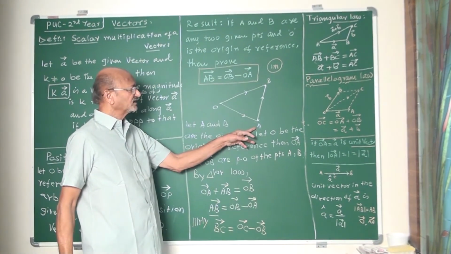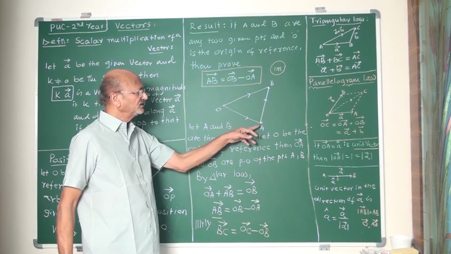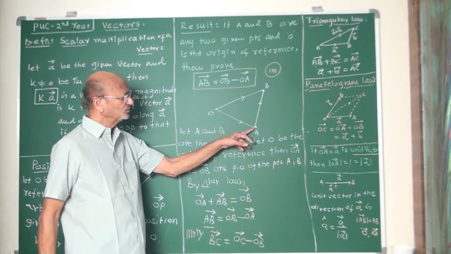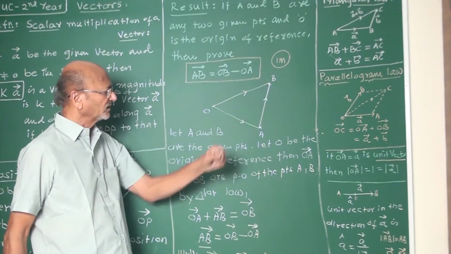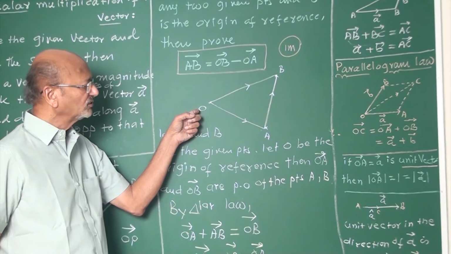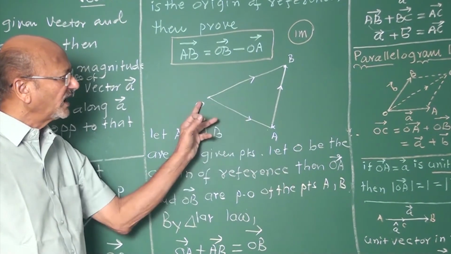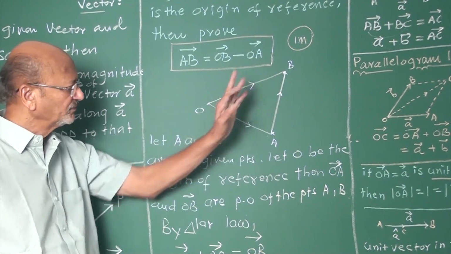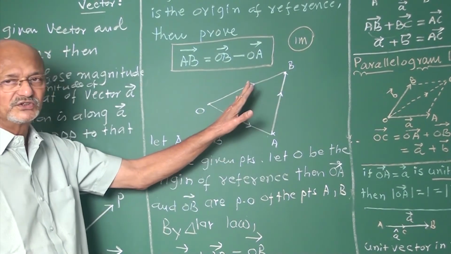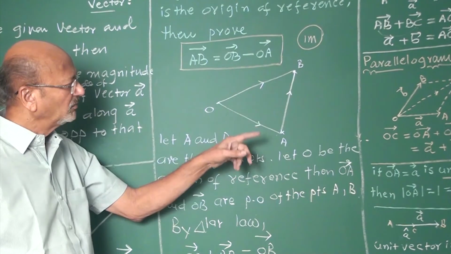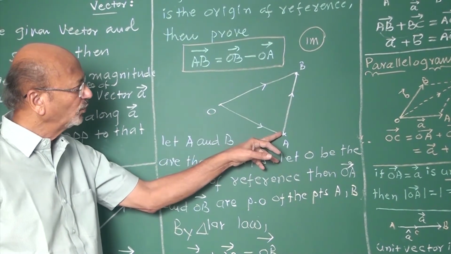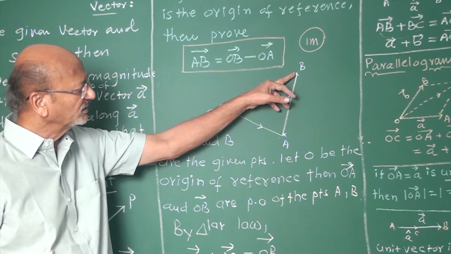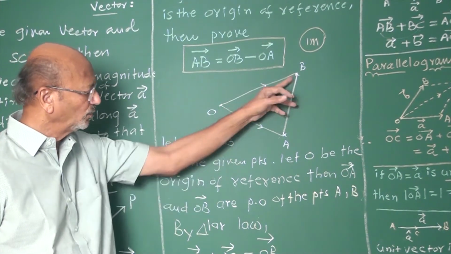Let A and B be the given points. Then AB is the vector. Let O be the origin of reference. Then OA and OB are the position vectors of the points A and B. By the triangular law of addition, OA plus AB is OB.